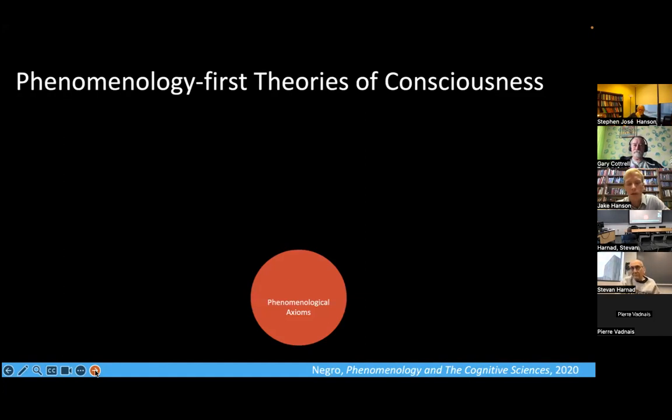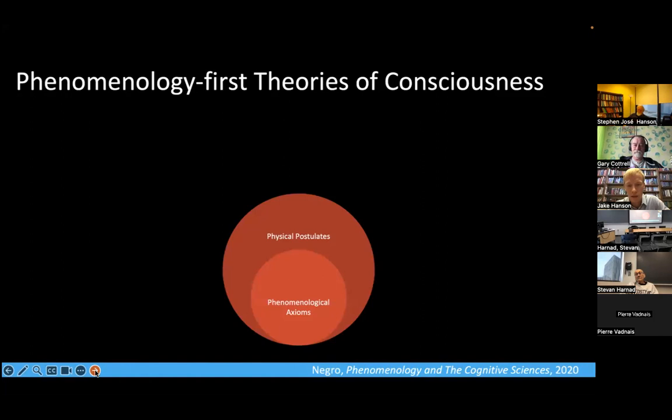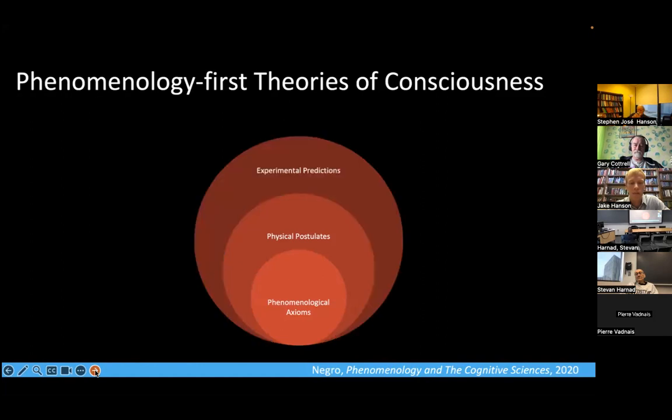Okay, so I want to take a step back and talk about how IIT is supposed to work as a scientific theory. So IIT starts with phenomenological axioms. So that's supposed to be undeniable axioms about what it's like to be conscious. And then it has to translate those axioms into postulates about what sort of physical systems can embody those axioms. And then once you have the physical systems, you can make experimental predictions.